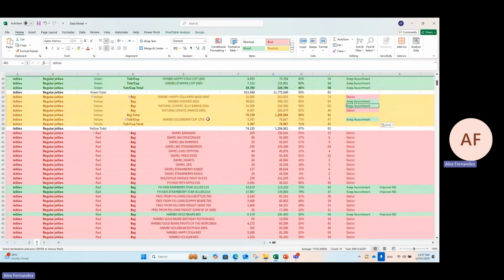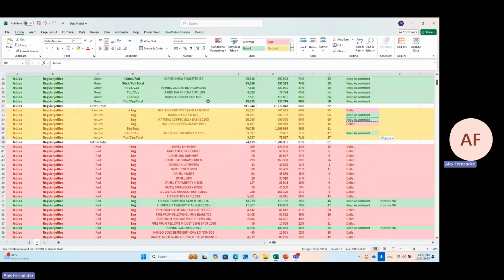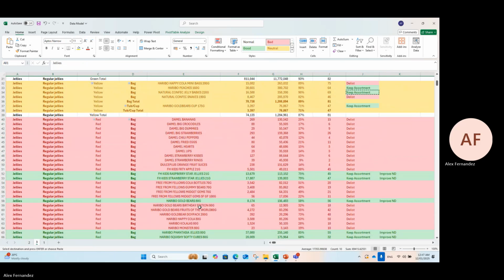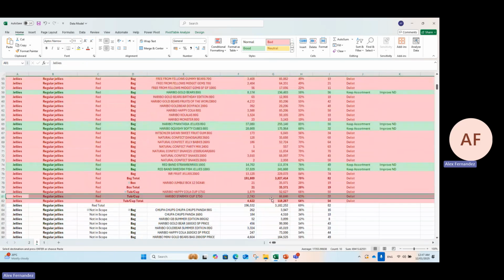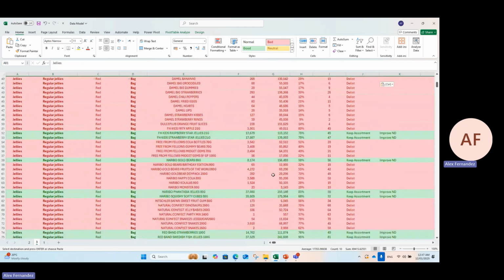Top cup, 175. The pick and mix, 150 grams, is doing good. So 150 with 118 and 86 and 54, and here we go almost half, from 118 to 66,000. I don't think we will keep it.